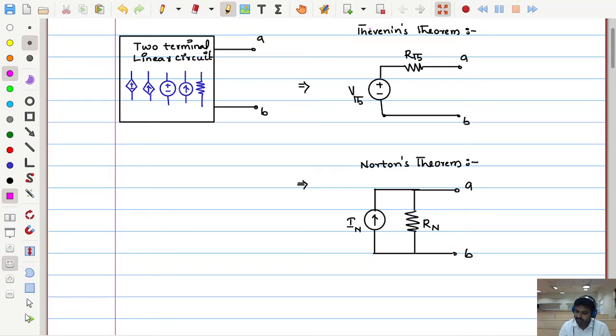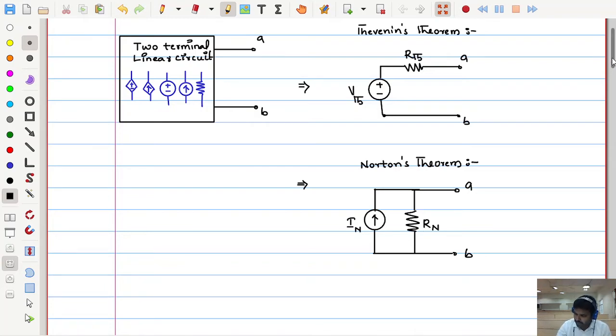That means Thevenin's proposed the equivalent circuit in the form of a voltage source, whereas Norton's proposed the equivalent circuit in the form of a current source. Clear? So try to revise these definitions: what is VTH, what is RTH, and also what is Norton's current and what is Norton's resistance.